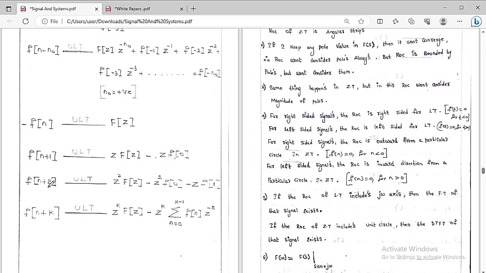For f of n plus 2, the unilateral Z transform is z square into F of z minus z square into f of 0 minus z to the power of 1 into f of 1. And f of n plus k, the unilateral Z transform is z to the power of k into F of z minus z to the power of k into sigma n is equal to 0 to k minus 1 of f of n into z to the power of minus n.